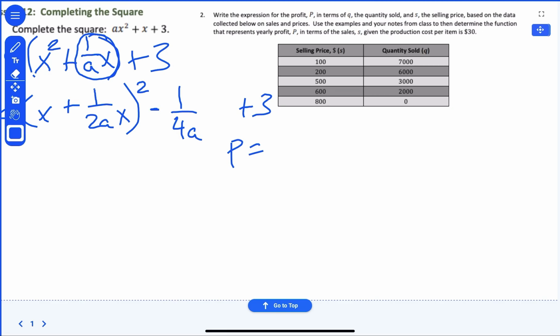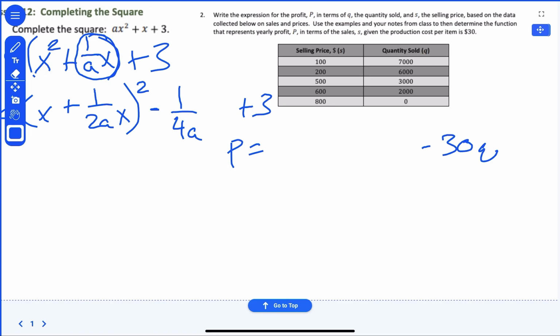Okay. So 30 what? $30, okay. But what do you mean by that? Can I just subtract 30? Okay, so each what? Is that going to be what variable? Q. So let's put that over here. We know we've got to subtract 30 Q, depending on however many we have.